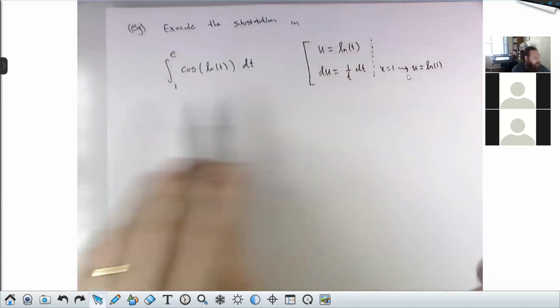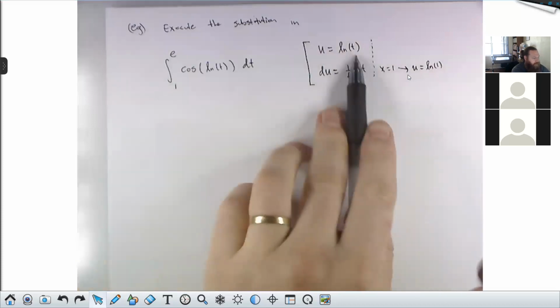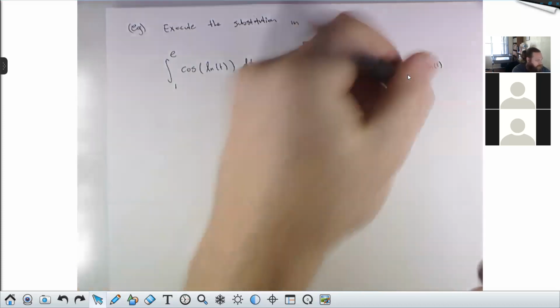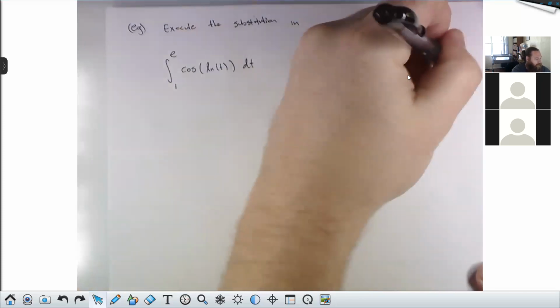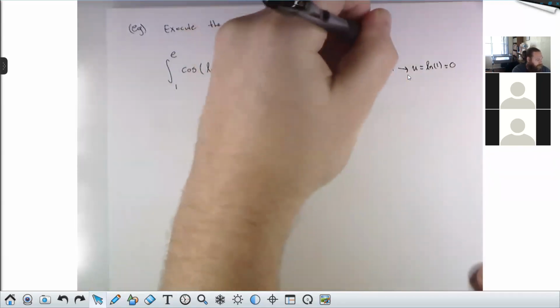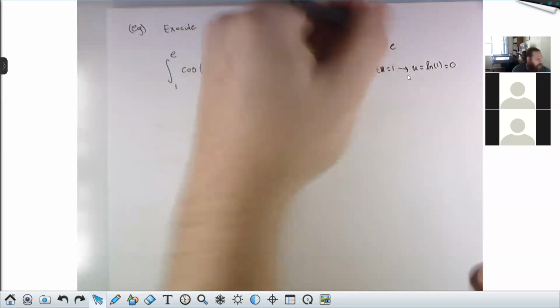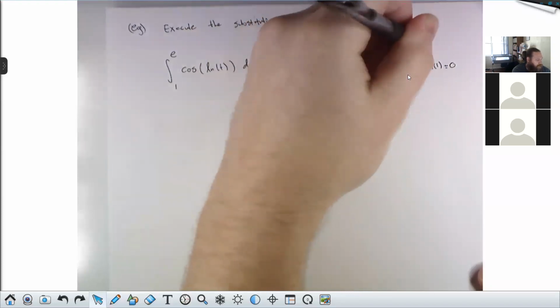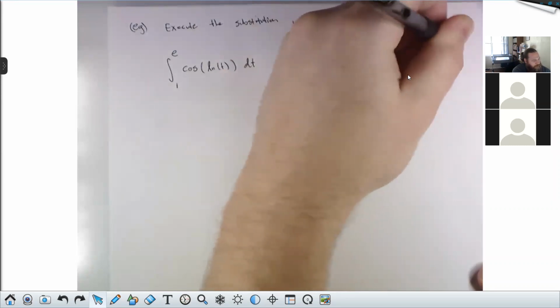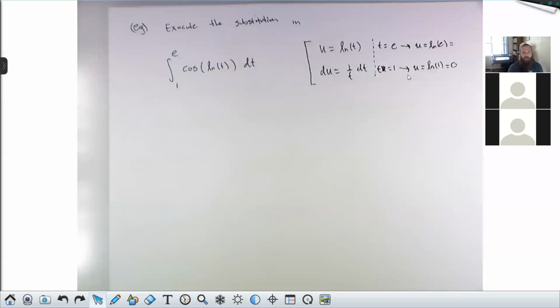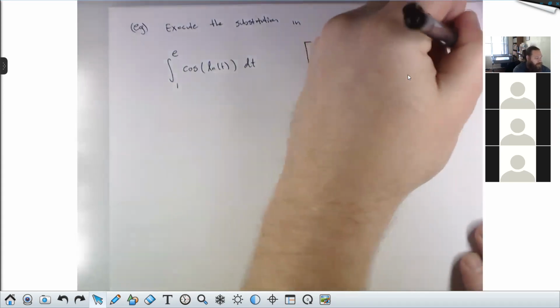Remember, you just take the old lower bound and you plug it in for the old variable. Oh, sorry, this is a t, not x. When t is equal to 1, u would be the natural log of 1, which is 0. And when t is equal to e, u would be the natural log of e, which is what? One. Yeah, very good. Natural log of e is 1.